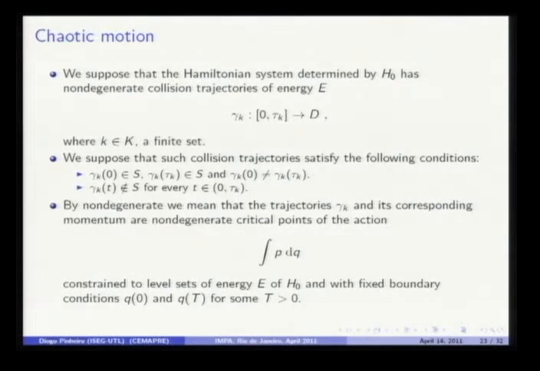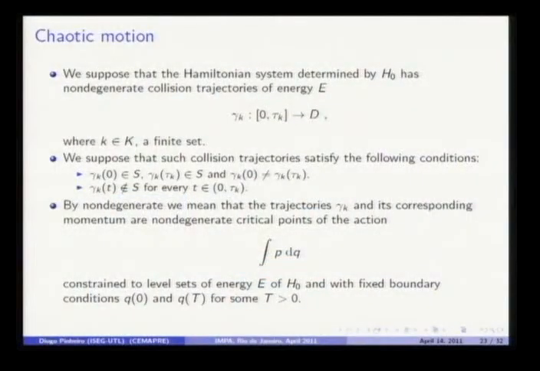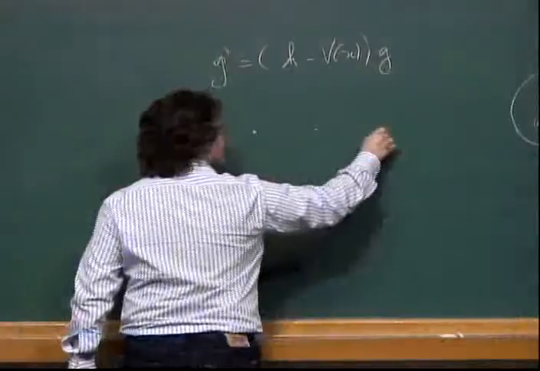By that I mean trajectories of H naught which connect points in the lattice in some time tau k, and are such that you don't return to the same point. I don't want to return to the same point because, and it will be clear in just a moment, I want the particle to be able to change direction when it goes through a collision. So let me go back to the lattice.